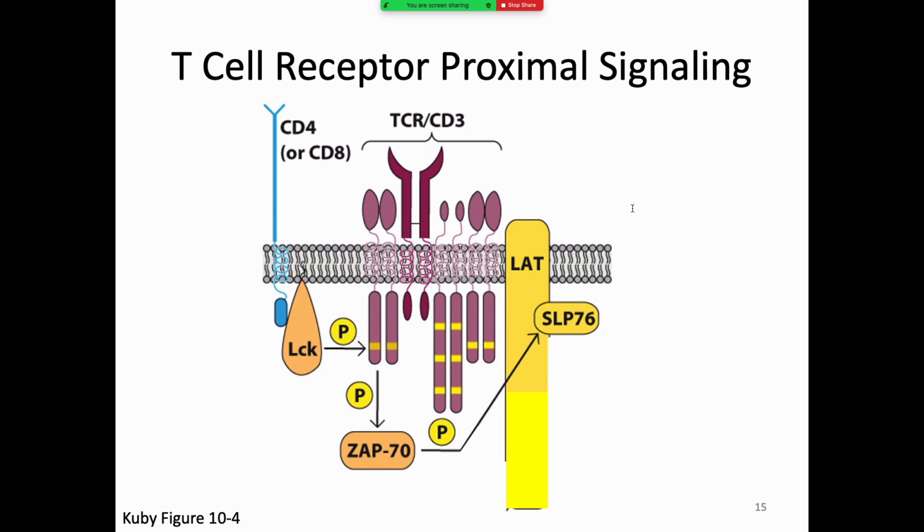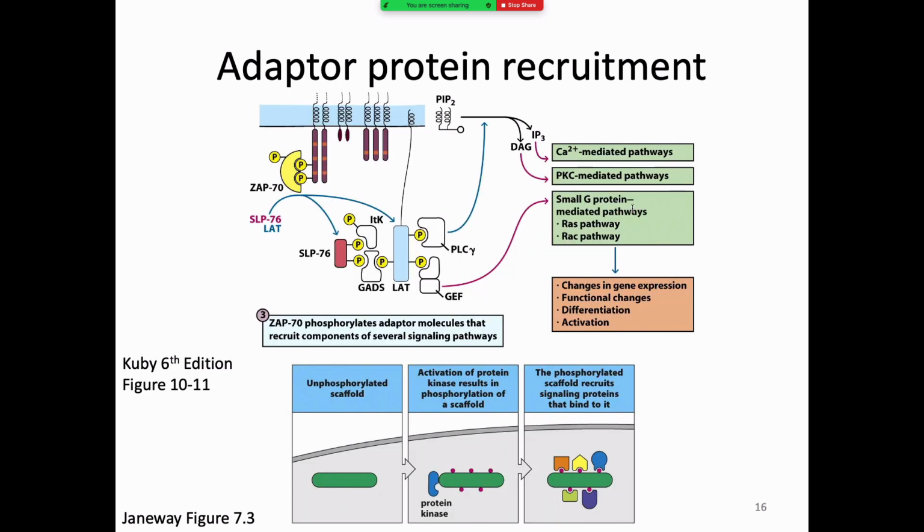So these are two adaptor proteins. So now we're bringing in the adapters. So here you can just see, just figure from your textbook, we've got the phosphorylations from ZAP. Now we're bringing in LAT and SLP76. And the bottom is also showing us some information about adaptor proteins. This figure is calling them scaffolds. All the same thing.